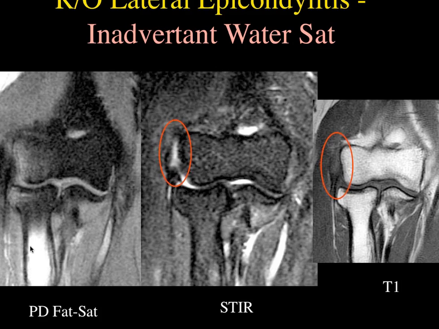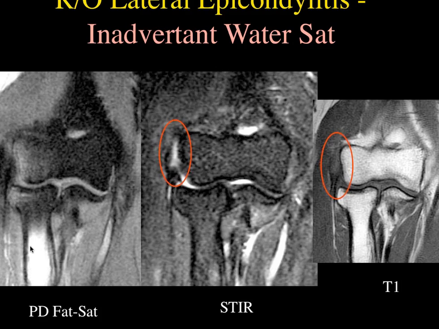We will usually do a stir sequence in the sagittal plane, where you tend to get most of the failure of fat suppression, and we typically use a PD in the coronal plane, where there's less problem with failure of fat suppression. But we will use both simply because we have a high rate of getting failure of fat sat in imaging of the foot and ankle. Now we'll go to another sequence in a minute which gets rid of all of this problem, which is an ideal sequence, but we haven't gotten there yet.